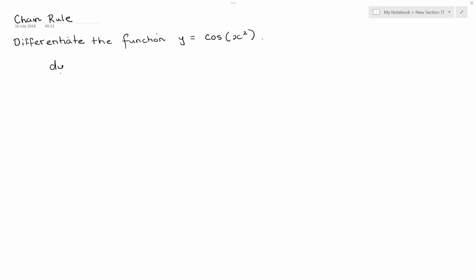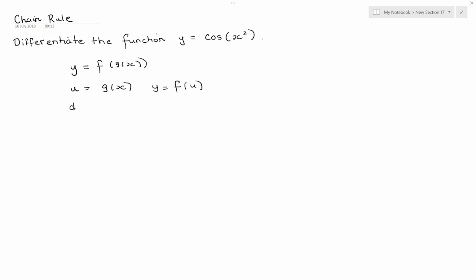Now the chain rule tells us that if we have y equal to f of g of x, so a function of a function, what we must do is set the function inside the other function. We set that equal to u, so we'll set u equal to g of x. So we see that y is now f of u.